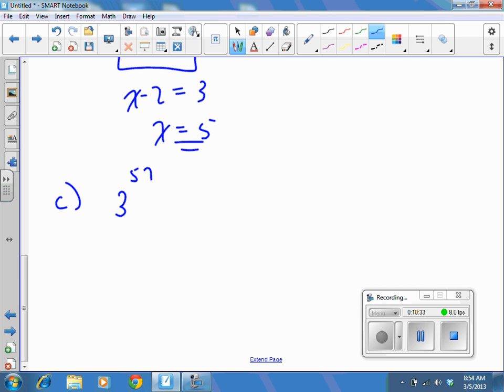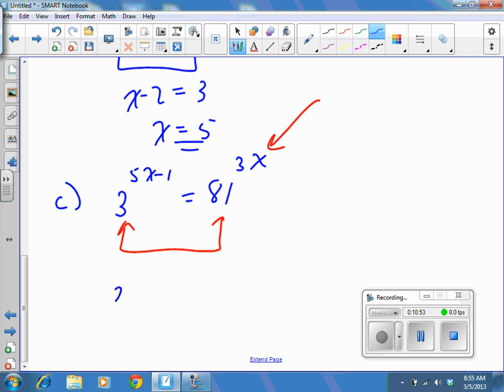C, 3 to the power of 5x minus 1 equals 81 to the power of 3x. Step 1, identify. What kind of equation is this? Exponential. Why? Variable in the exponent. How? Make the bases the same.